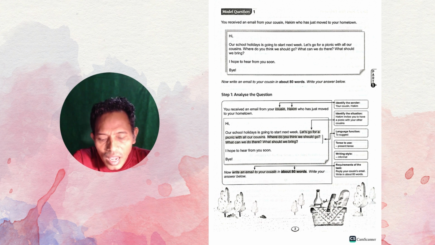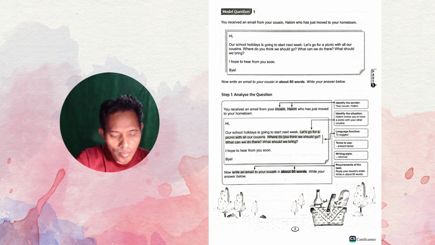Step 1, analyze the question. The first one is we have to identify the sender, which is your cousin Hakim. Next, you have to identify the situation. Hakim invites you to have a picnic with your other cousins.